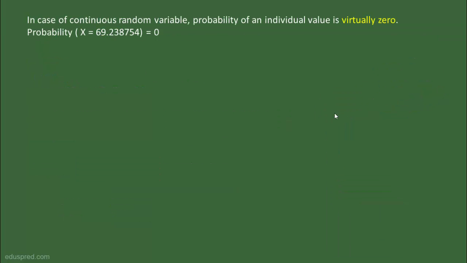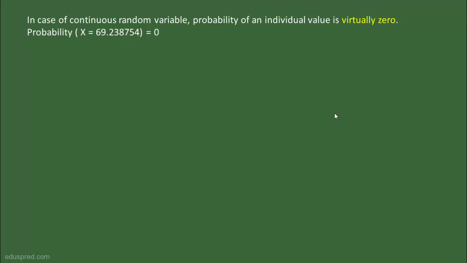There is one more important point that you should keep in mind while dealing with continuous random variables. In case of continuous random variables, the probability of an individual value is virtually zero. For example, if I ask you what is the probability that my weight is 69.238754, you would say almost zero, right? And this is because the random variable x, that is my weight, can take infinite values in the range 65 to 70.